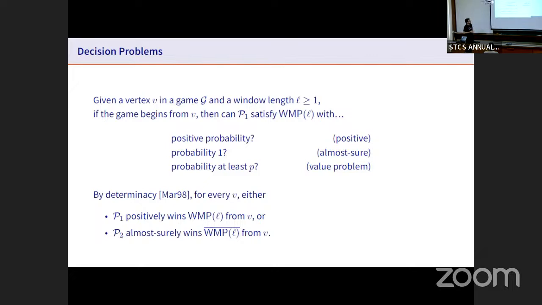So for any vertex V, you either have one of these: either player 1 wins from that vertex or player 2 almost surely wins. To see this, either player 1 wins with some positive probability, or player 1 wins with probability 0. So what this theorem is saying is, when player 1 wins with probability 0, it means that player 2 is winning with probability 1. So that needs to be proven.